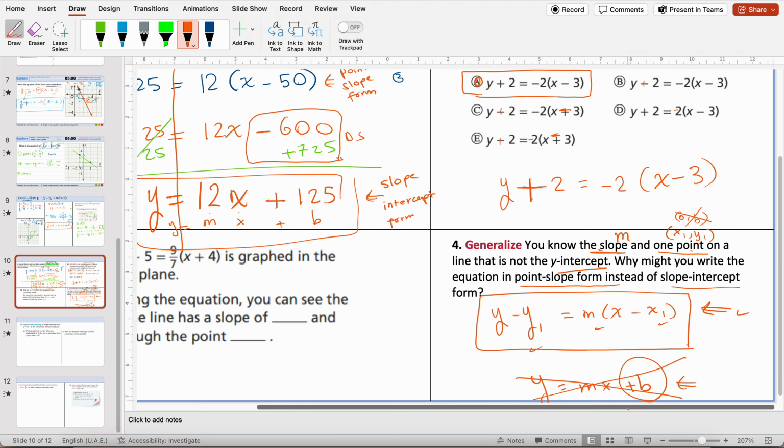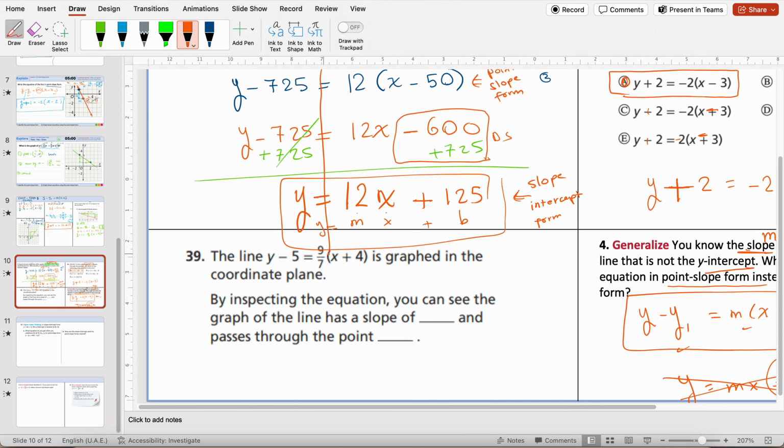Okay, here the line, this one, is graphed in the coordinate plane. By inspecting the equation, you can see that the graph has a slope 9/7 and passes through the point. This is x1, which is gonna be -4 opposite. y1 is gonna be +5 opposite.